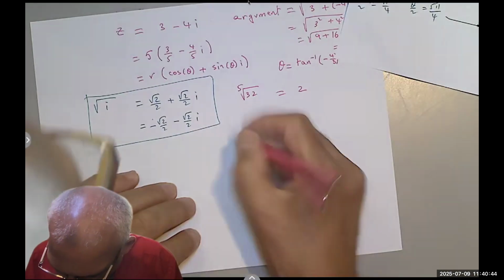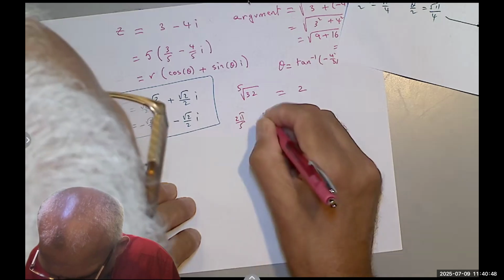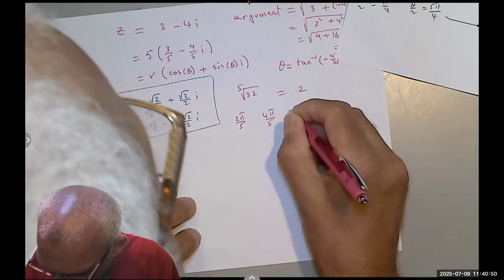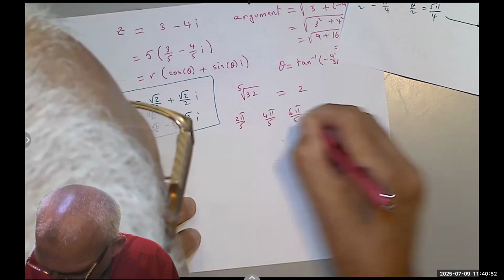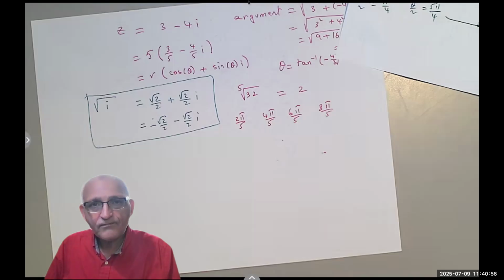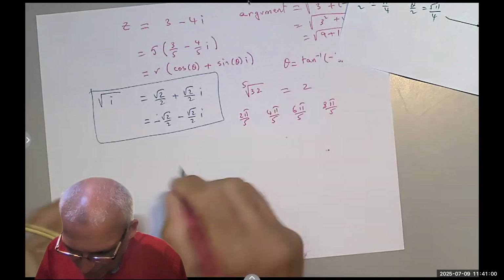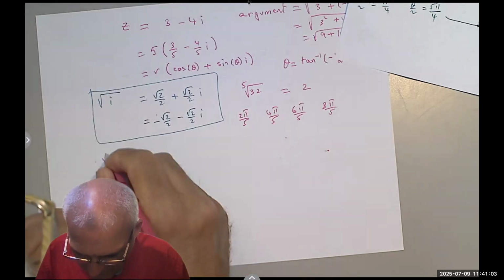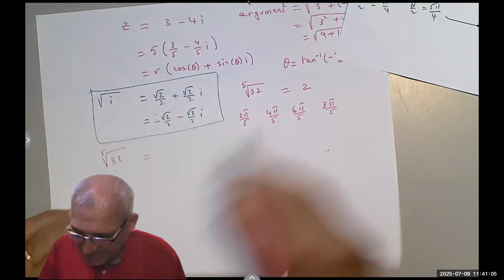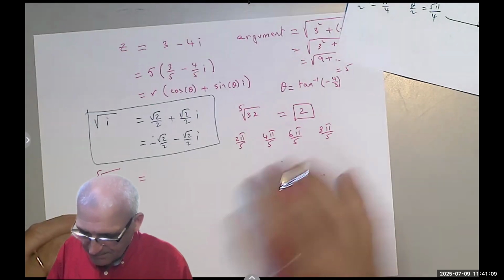So I can use 2 pi over 5, 4 pi over 5, 6 pi over 5, and 8 pi over 5. So the fifth root of 32 equals, we said equals 2, that's one answer. Then it equals.